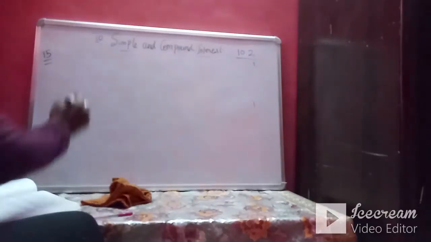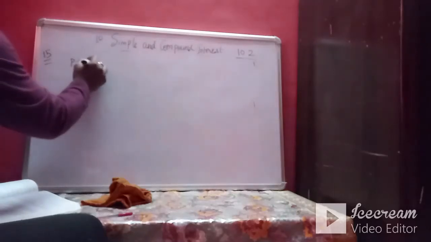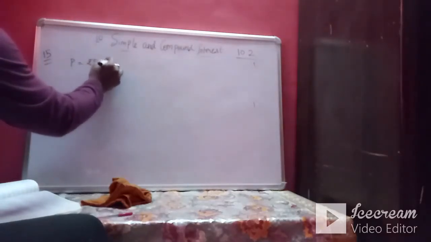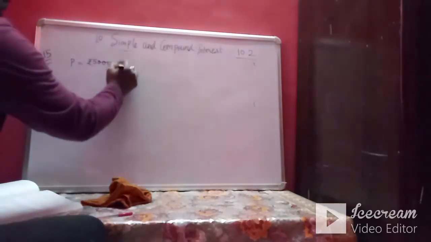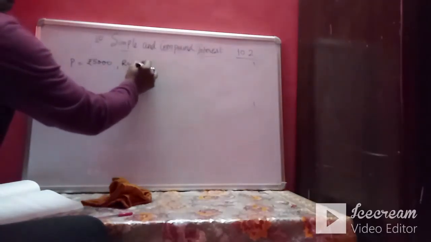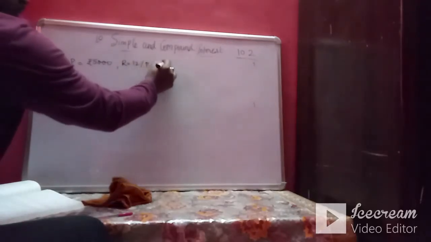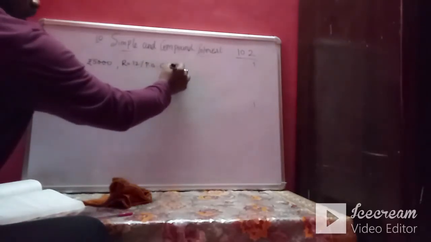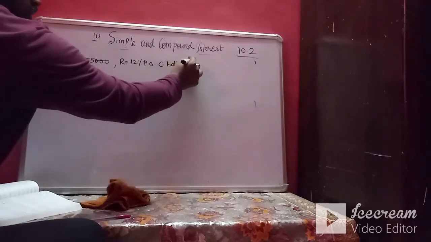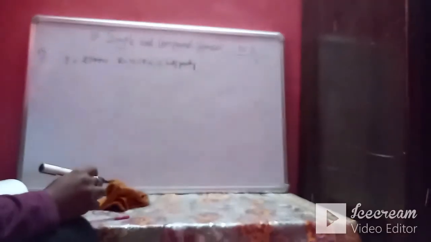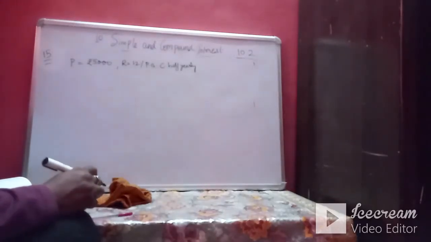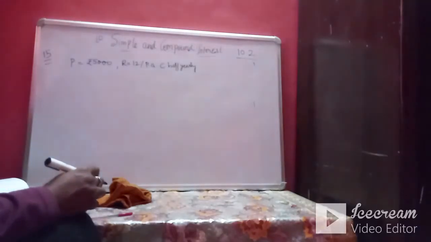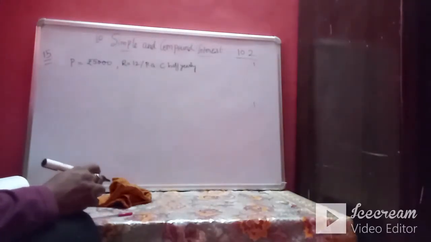Akram Khan borrows 5,000 rupees at the rate of 12% per annum, and it is compounded half yearly. Okay, compounding is half yearly, and he pays 1800 at the end of every half year. Find the third payment he has to make at the end of 1.5 years.